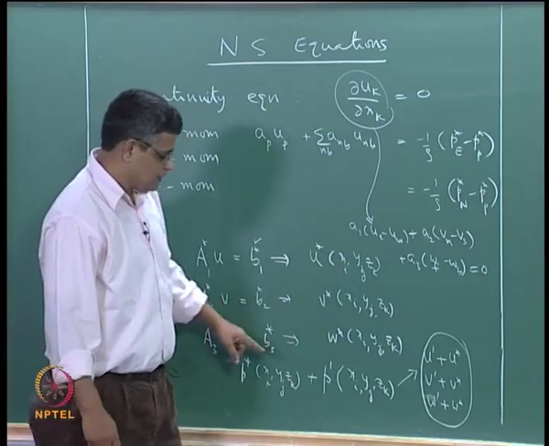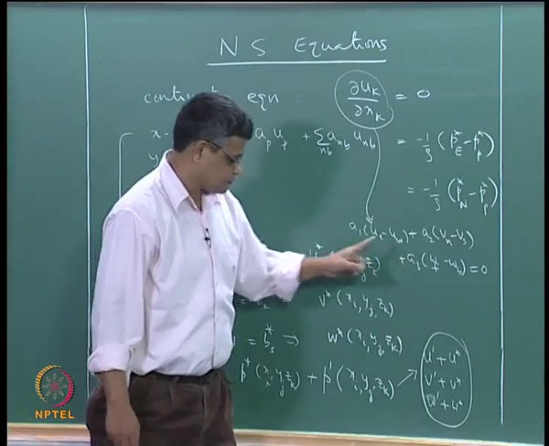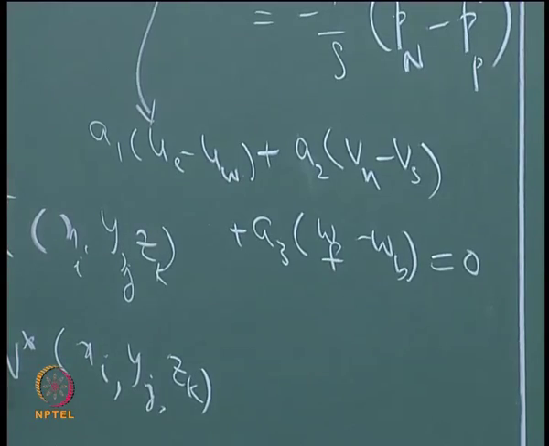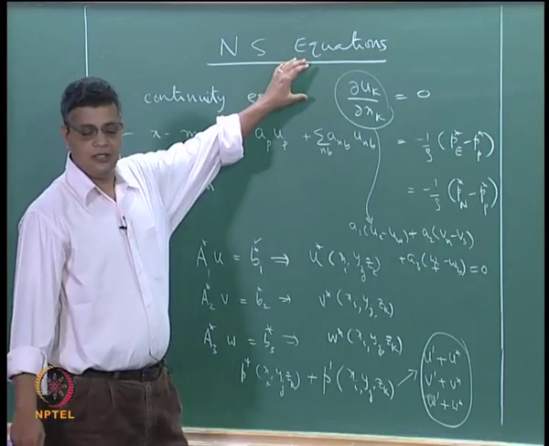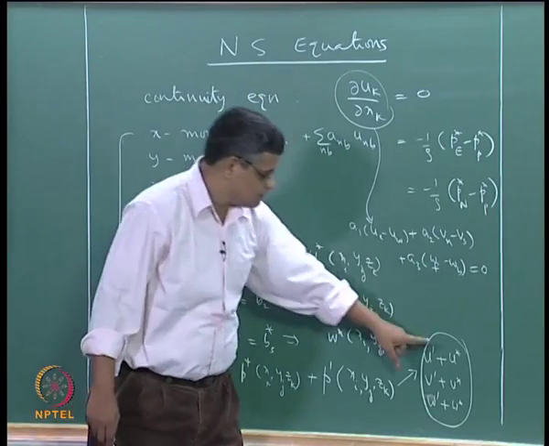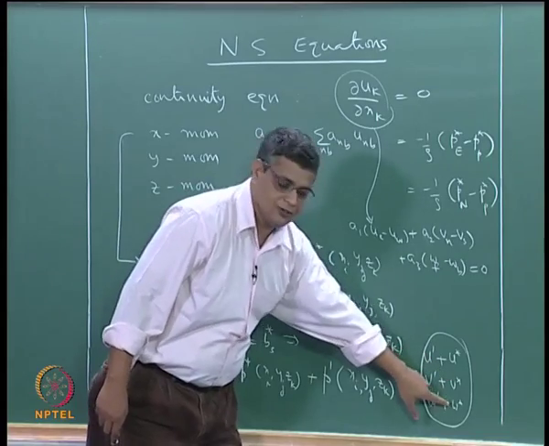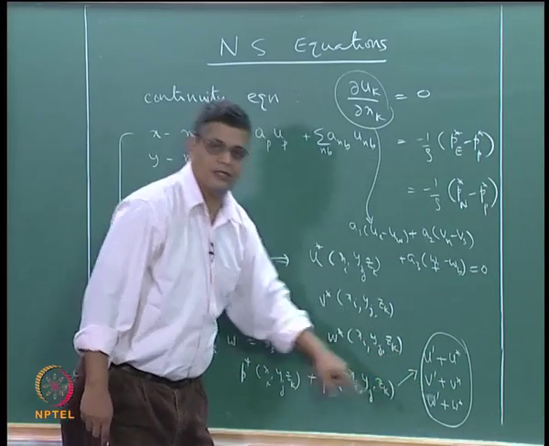So based on the substitution of these things, we can get a modified continuity equation in terms of the known velocities u star, v star, w star, and u prime, v prime, w prime.